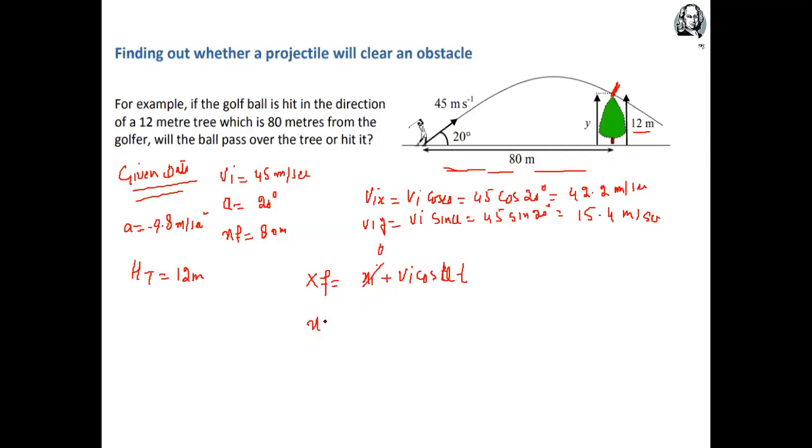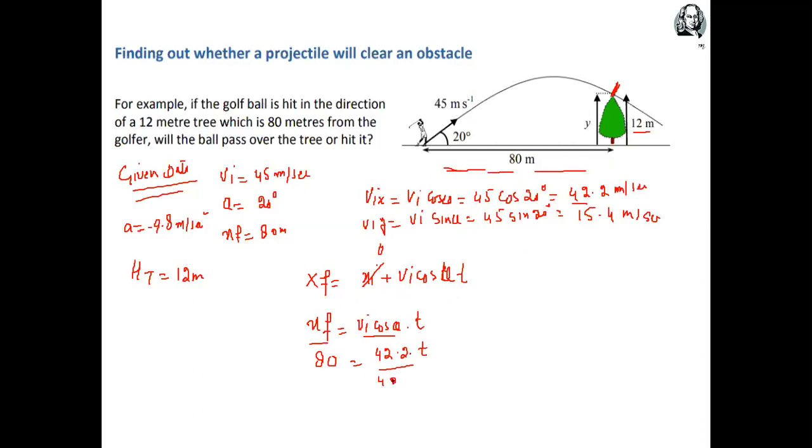So we have only xf is equal to Vi cos theta times t. xf is 80 meter, and Vi cos theta is 42.2. So 80 equals 42.2 times time.